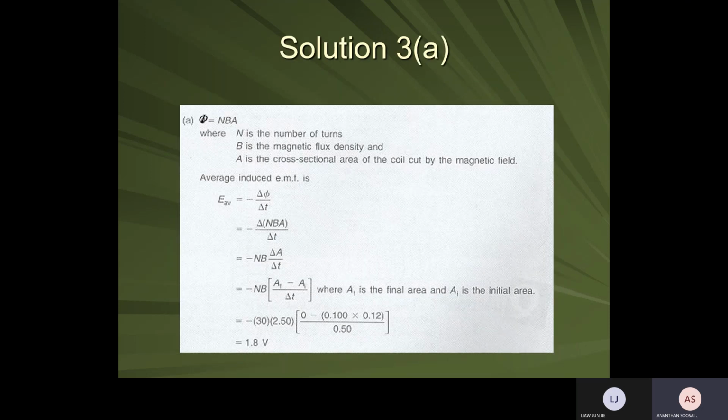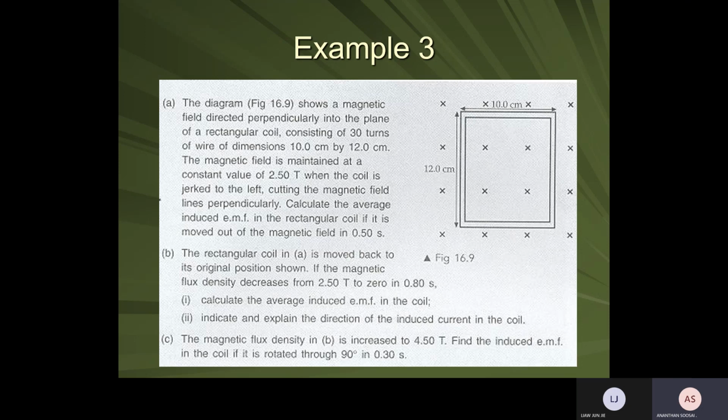So you get 1.8. So 1.8 volts should be generated in the coil. Final flux minus initial flux over time, NBA. Now an extra question: 1.8 volts was generated in this coil.